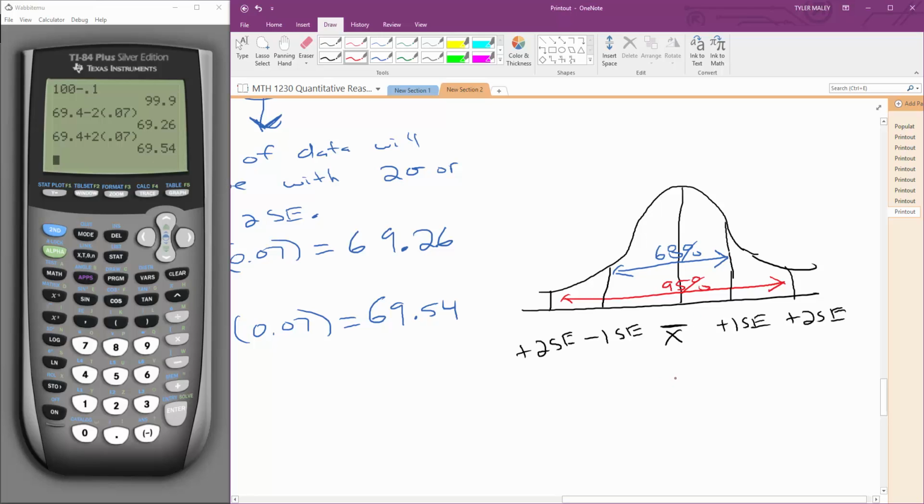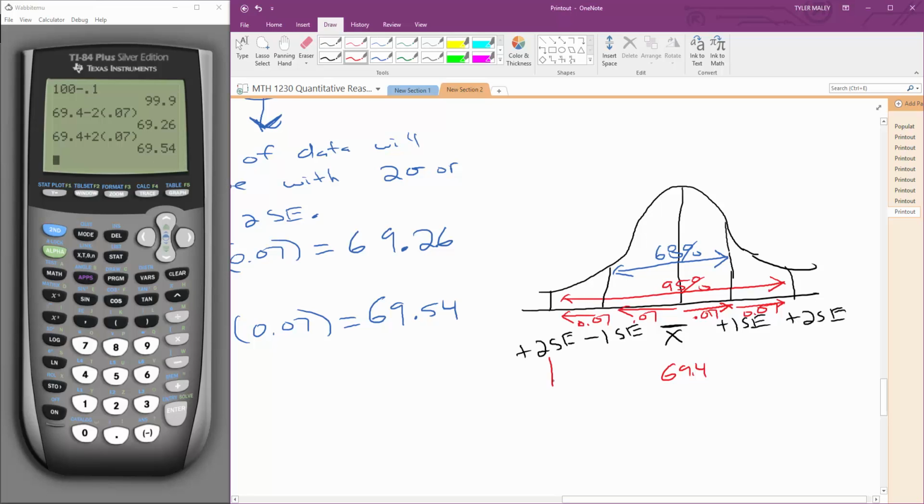So my mean was 69.4, and then one standard error is 0.07. So I took times 2 because we want to go 2 standard errors out, and I minus 2 because we want to go 2 standard errors to the left also.